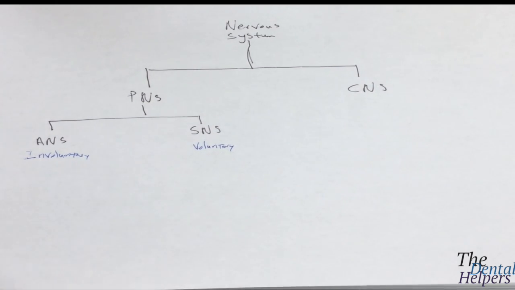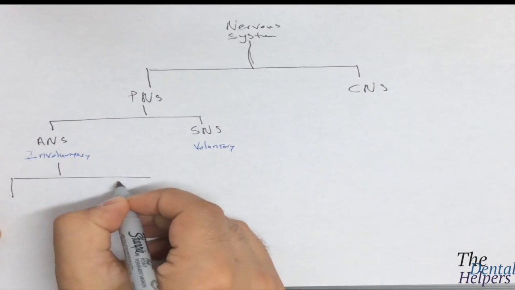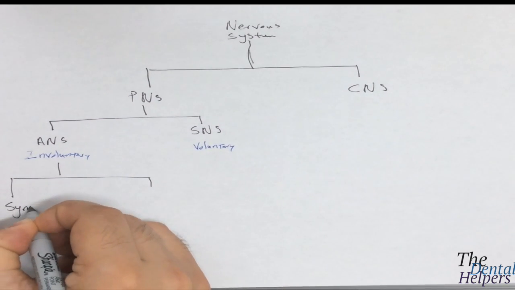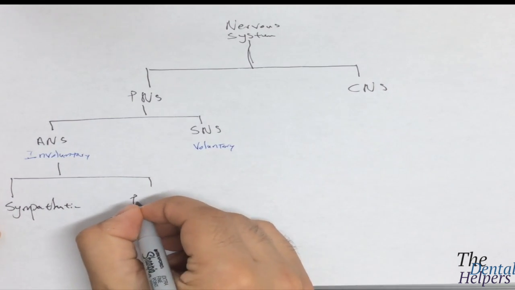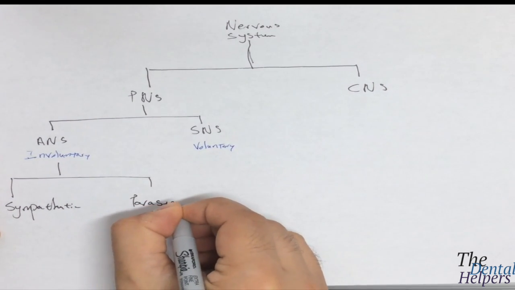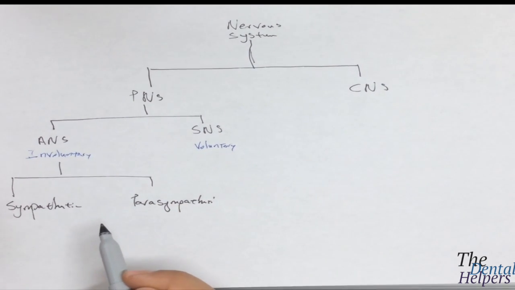And then from there we have the autonomic nervous system branching out into, as we know it, the sympathetic and the parasympathetic. And the sympathetic, of course, is your fight or flight.